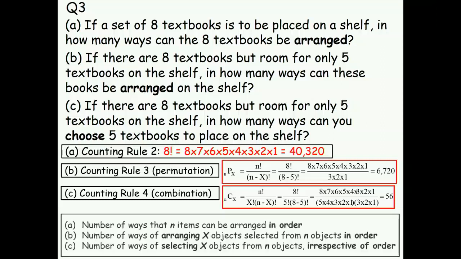So generally, this could be used. The first one, number of ways that N items in order. The second one, number of ways of arranging 5 out of 8 in order. Here we don't care about the order. Number of ways of selecting 5 out of 8 irrespective of the order. So most of the time, when it says selecting, choosing, this is combination.